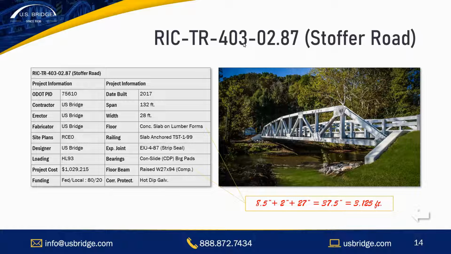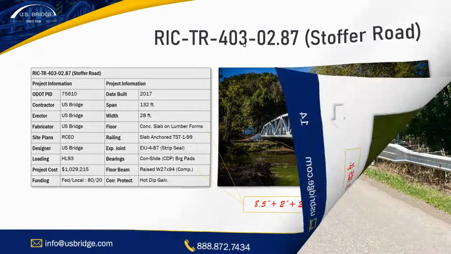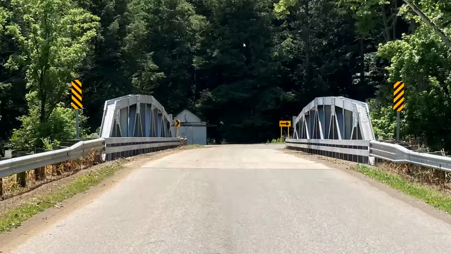It uses a lot of ODOT standard details, such as the twin steel tube railing, expansion joint details for strip steel. It cost $1,029,000 in 2017 overall for the project cost. Here's a view of the roadway.